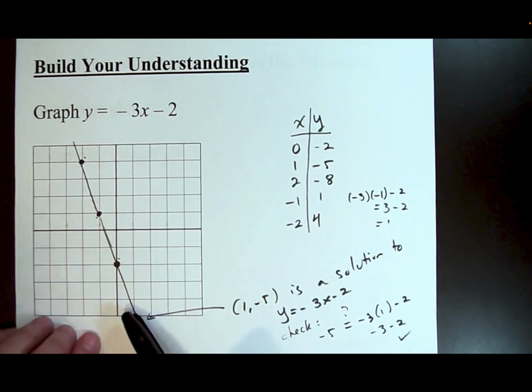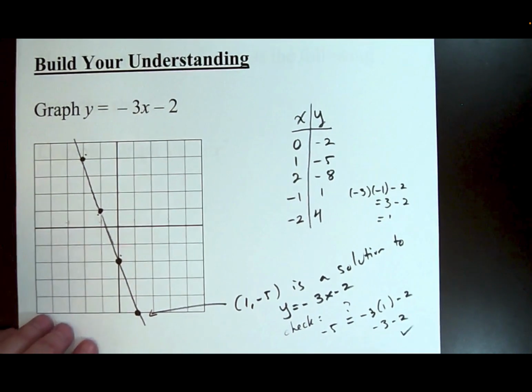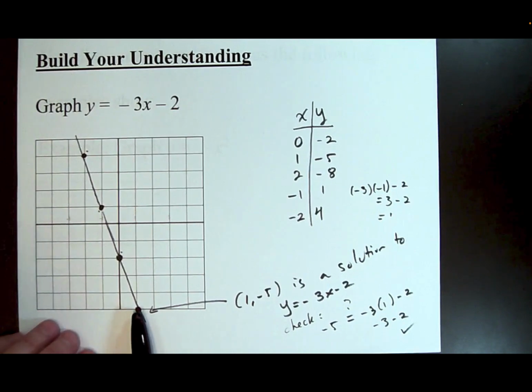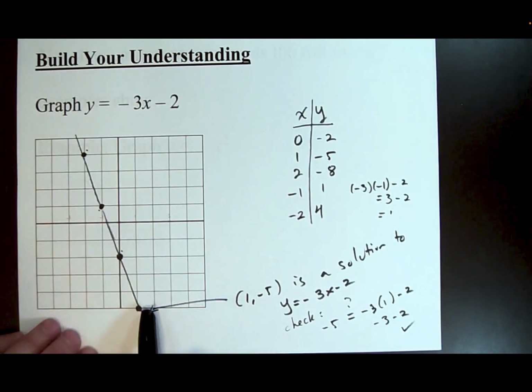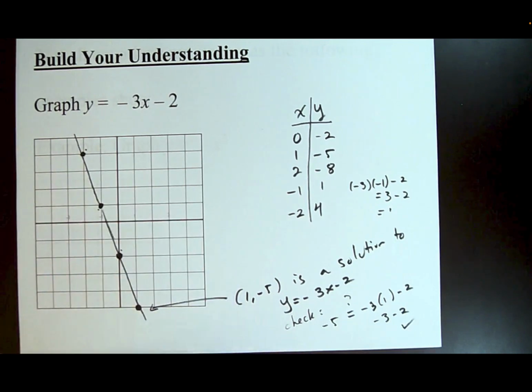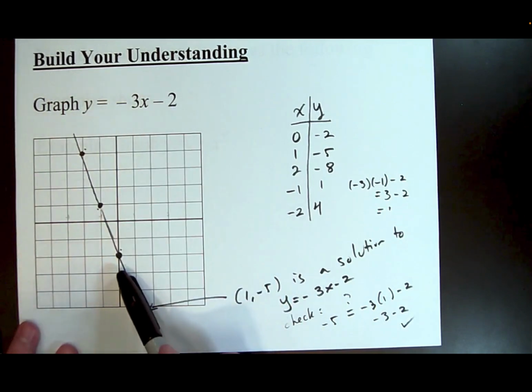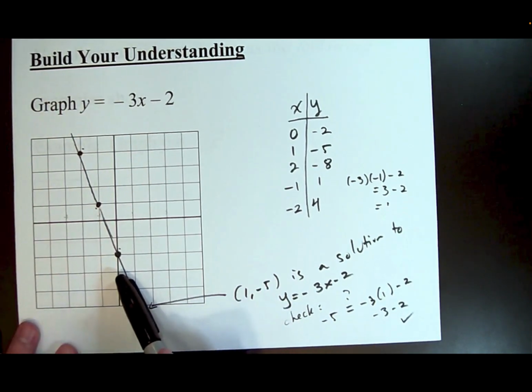And dots in between, even if you found infinitely many dots, the dots in between the dots you found are also solutions. So what we do is we make a finite number of dots and connect them, and then the graph, this is called the graph, when you find some solutions, connect the dots, that graph is a picture of the solution set. So every dot on the graph is a solution, even though they have weird coordinates that would be hard to come up with.